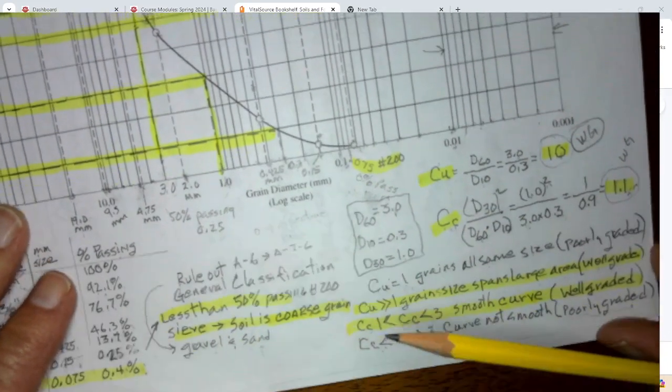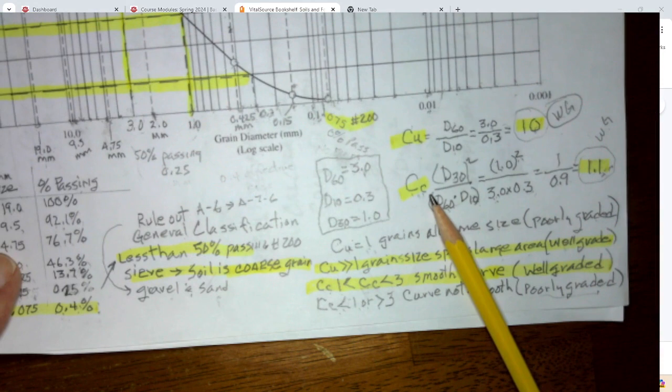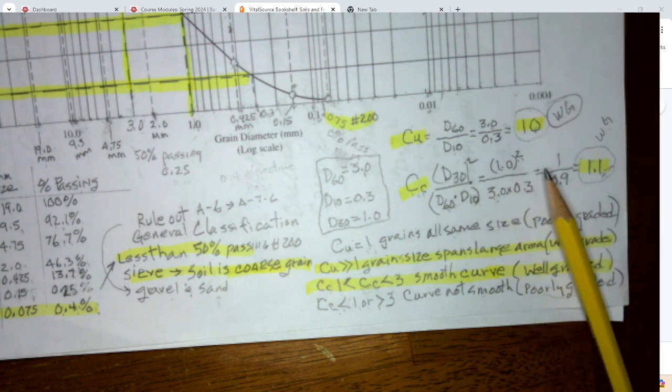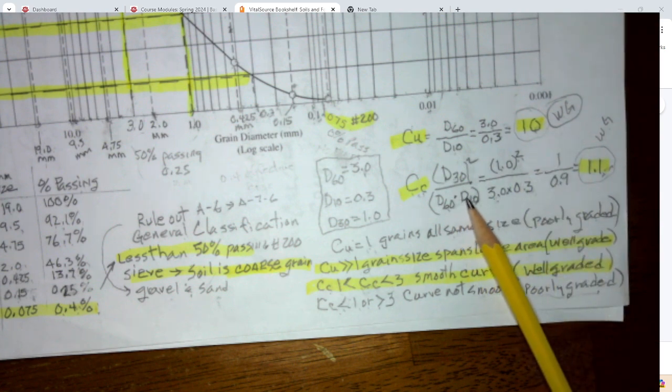So let's go ahead and calculate the coefficient of curvature. D30 is 1, squared because D30 needs to be squared. So I've got 1 squared equals 1. Then D60 times D10.